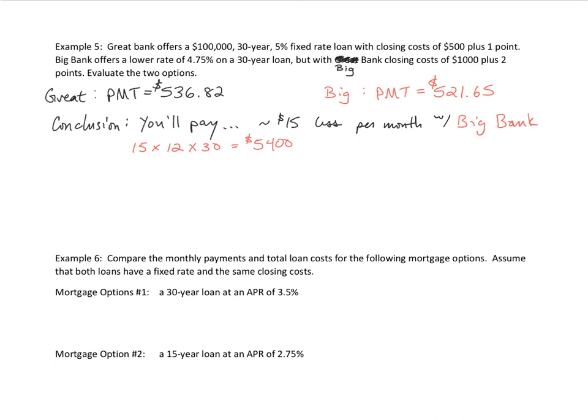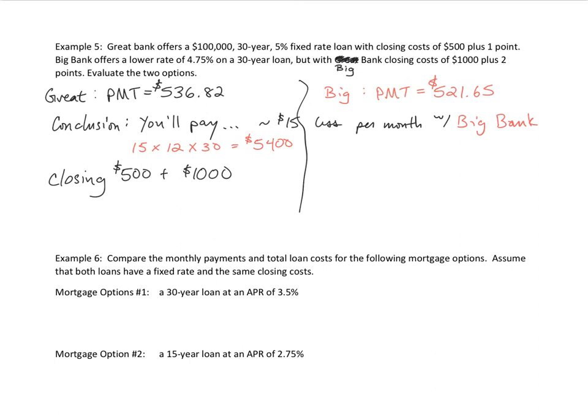That means we have a closing cost for Great Bank of how much? It's 500 plus 1,000. Remember, 1 point is 1% of the loan amount. So 1% of $100,000 is $1,000.